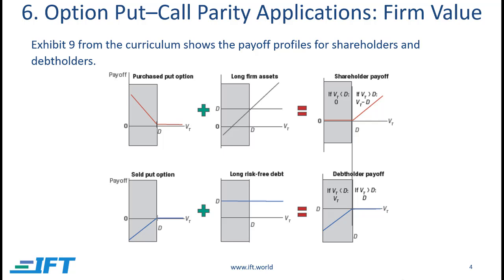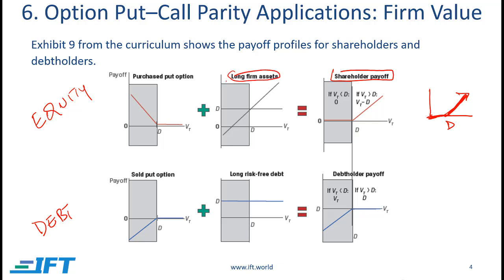Now, the top part over here is for the equity, and the bottom part here is for the debt holders, and this is what the payoff for the equity holder looks like, that it is 0 and then it is positive if it is going above the debt amount. And how it is coming to look like this is, first, let's say they've gone long on the firm's assets. So if the firm's assets are going up, they are benefiting. If they are going down, they are losing.